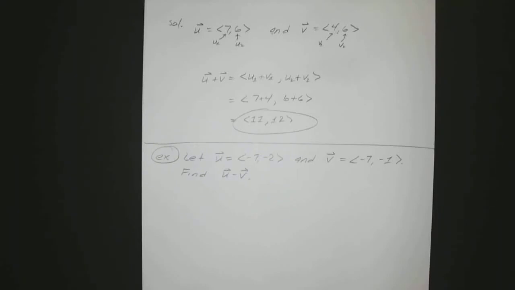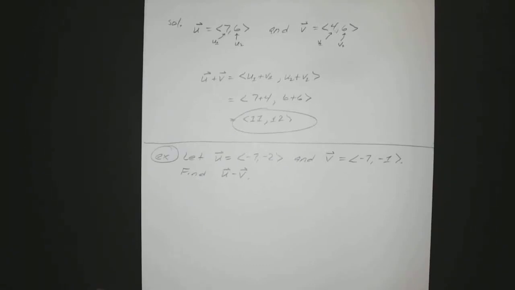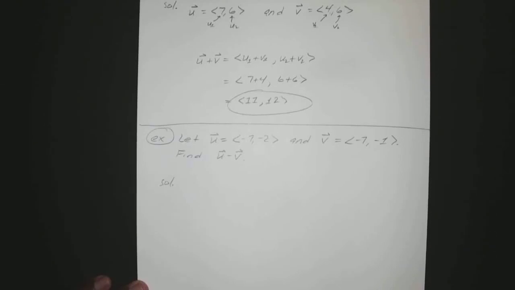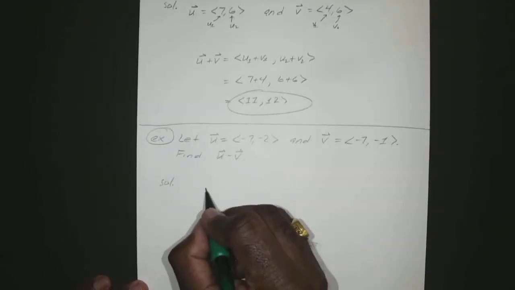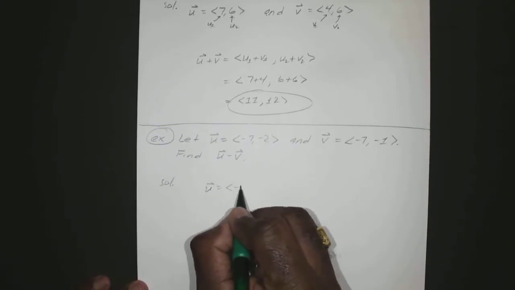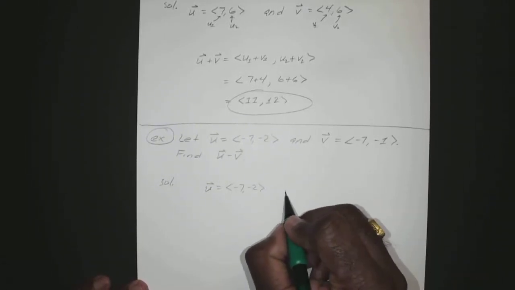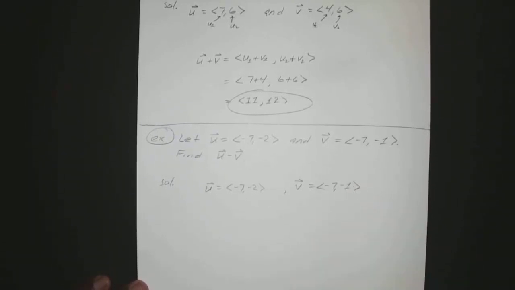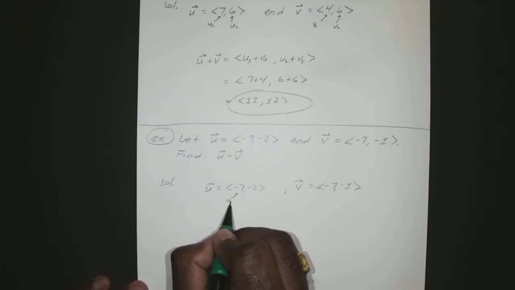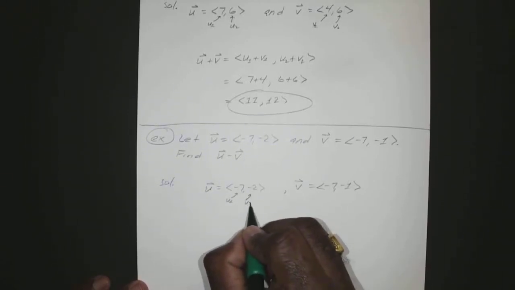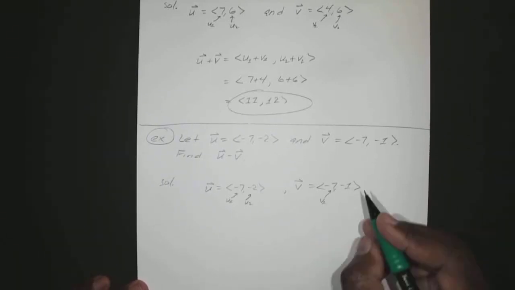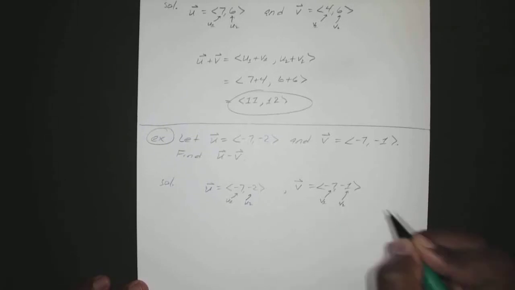Well, u vector minus v vector. Okay, so once again, we know our u1 and u2. So our u vector is -7, -2. Our v vector is -7, -1. That's our first component of u, and that's our second component of u. This will be our first component of v, and that's our second component of our v vector.